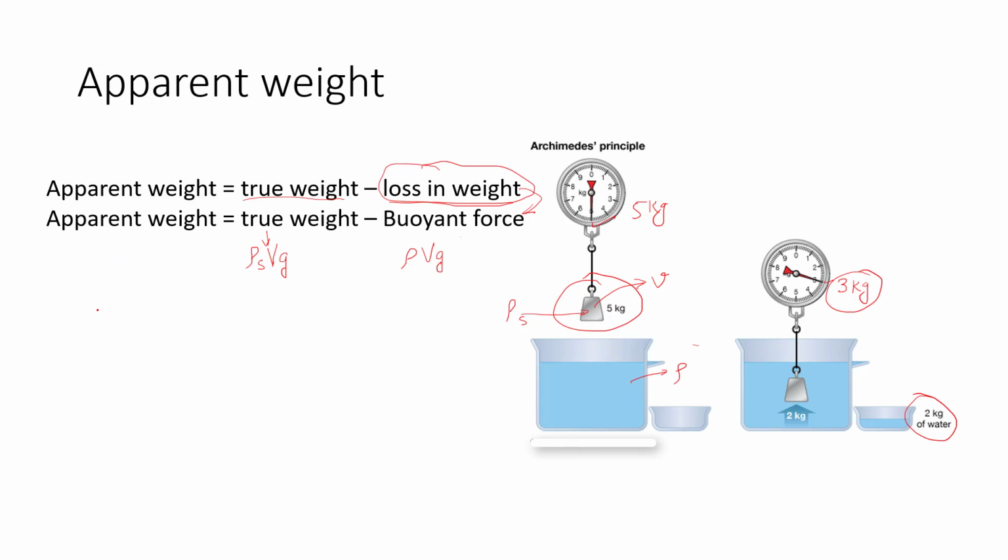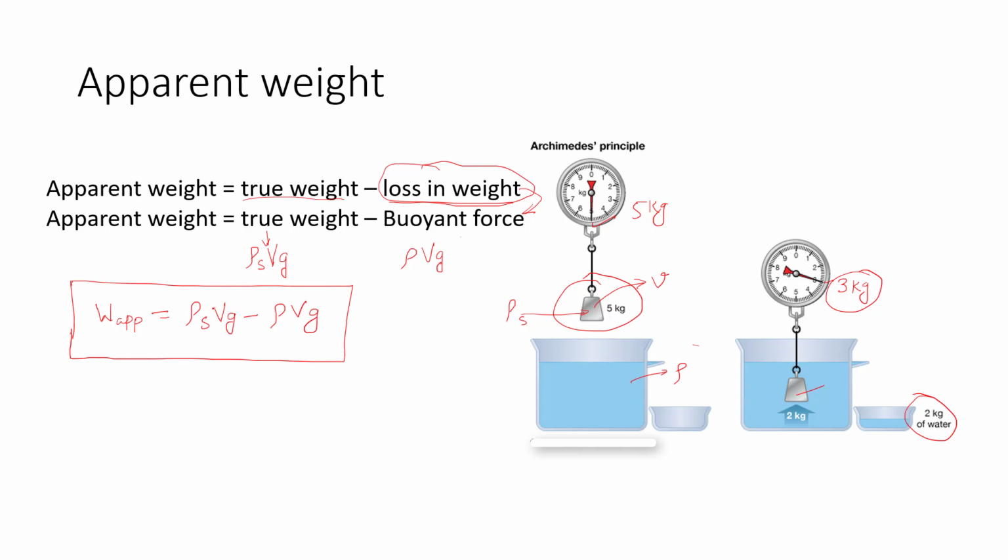So therefore, the apparent weight, or let's call it W app, is equal to rho S V g minus rho V g. So this is the apparent weight of the object. Now we have assumed that the object is completely immersed inside the liquid, and then we can apply this formula, correct?